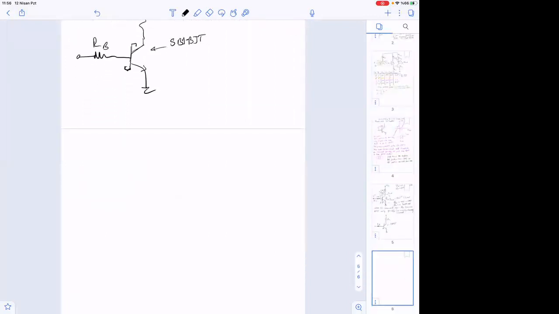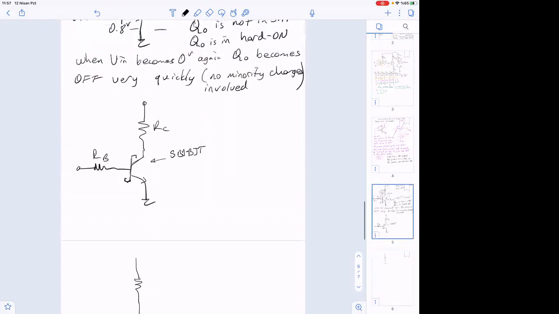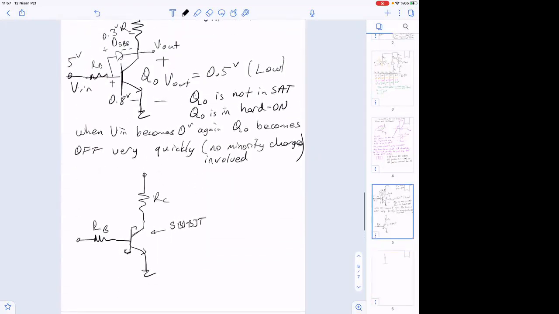So, Hocam, yes, how come the base-emitter junction is 0.8 volt? Because the transistor isn't forward active. For this case to happen, there is a huge current going here.